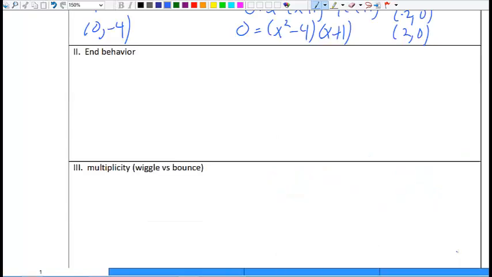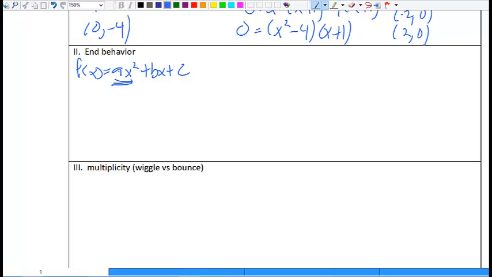Okay, end behavior is another topic essentially related to the leading coefficient. So looking at a general polynomial here, f of x equals ax squared plus bx plus c. This is just a general quadratic in this case, but the leading coefficient is that front number.